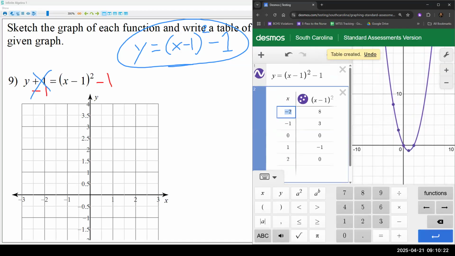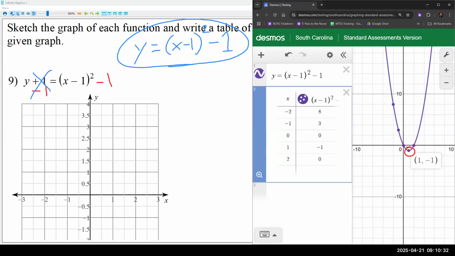All right. We're going to start off with the most important point, just that one right there. What is that point called again? Vertex.